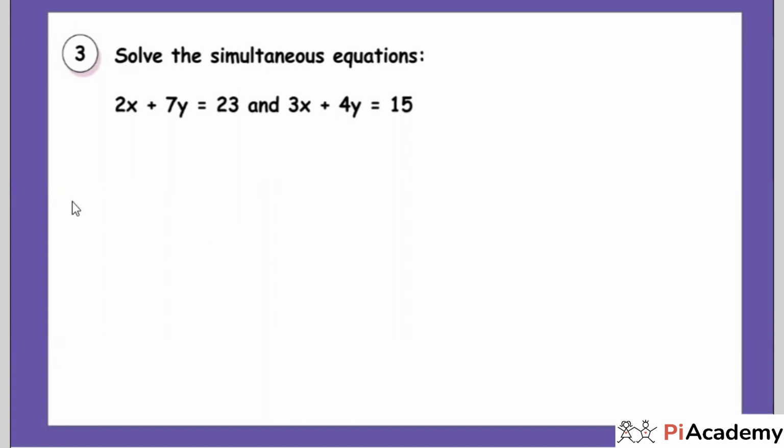But we will do that, ma'am. Then what will we achieve? We will not achieve anything, because if you observe here, you want me to do this 2x minus 3x, so I will get minus x, 7y minus 4y, so I am going to get 3y, and 23 minus 15, so I am going to get the 8. So by doing this, what will I achieve? I will achieve another equation. So that is not my aim, right?